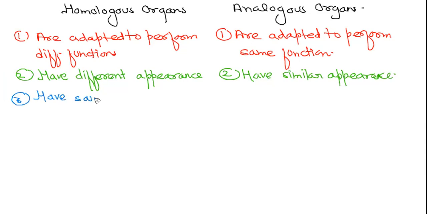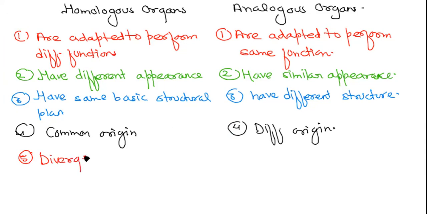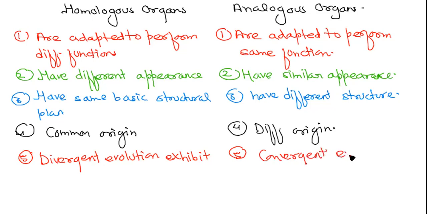Why? Because homologous organs exhibit divergent evolution. Hope you heard about divergent and convergent lens and mirror. Same word here. While analogous organs belong to convergent evolution.